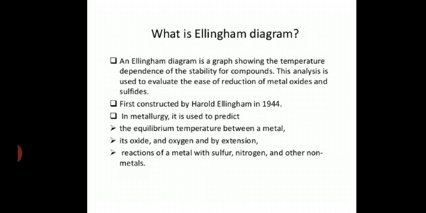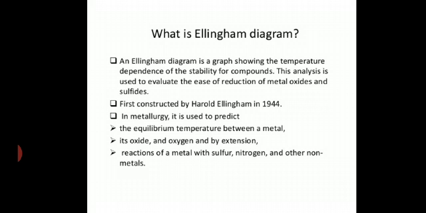So what is the condition? When T is increased, the value of T delta S is increased, which makes it greater than delta H, and then delta G will be negative and the reaction will become feasible. If delta G is positive, the reaction is not feasible. That is what we come to know from the Ellingham diagram.